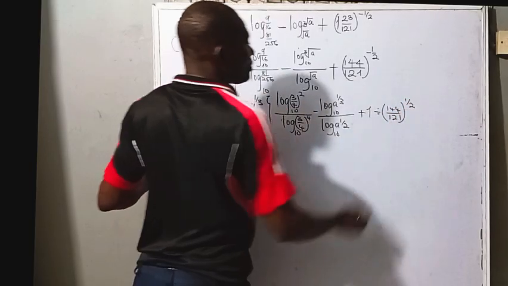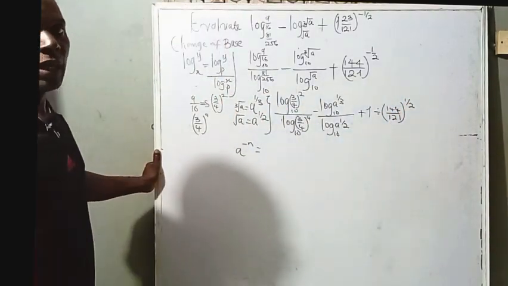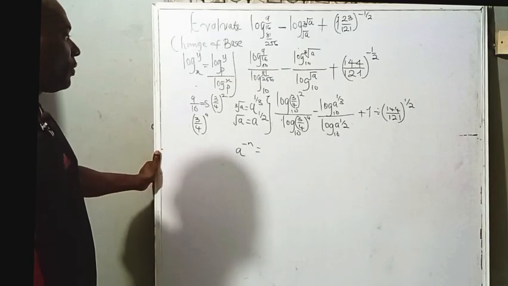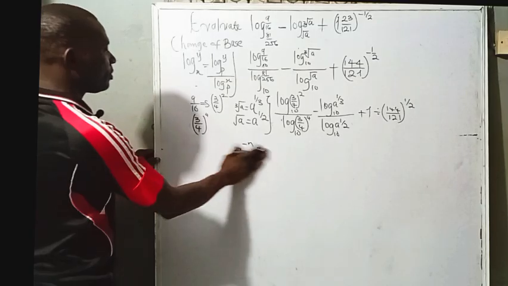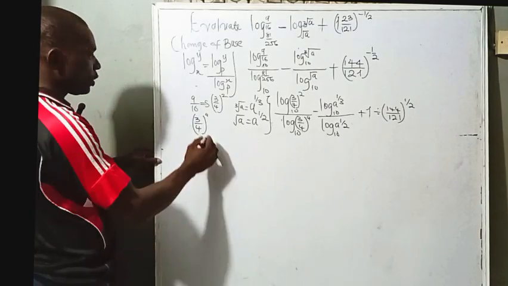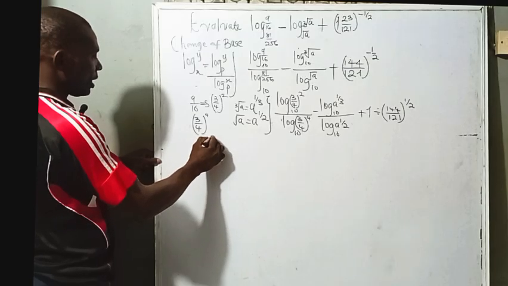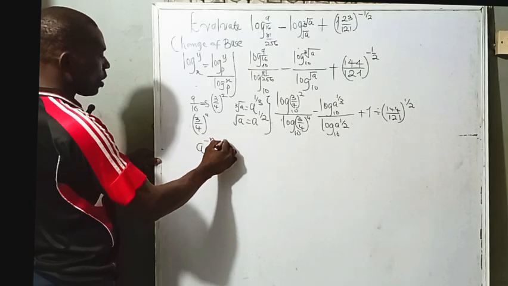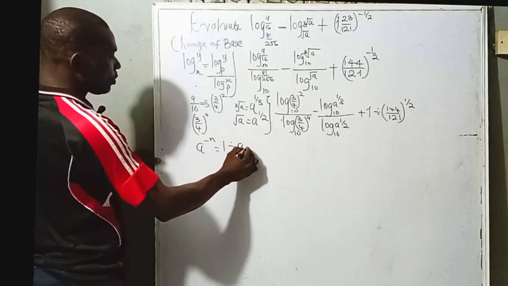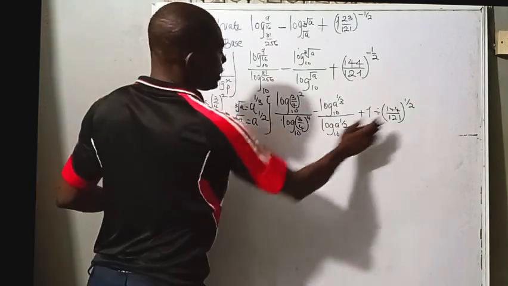Half. Raised to the power of half. So we have removed the negative. With what we just said here, if we have a raised power negative n equals 1 divide a raised power n, so we have applied this here.